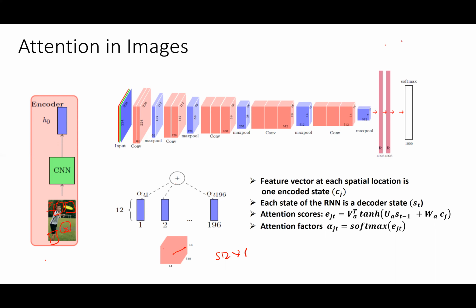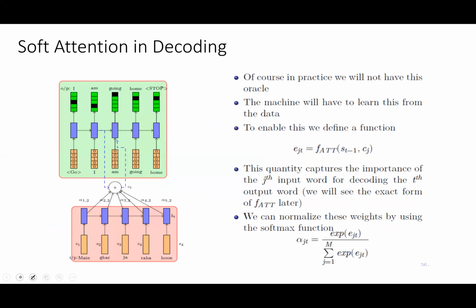Assume these are the different states that we give the encoding, and let us see the decoder as well. Each of these different states is like the feature vectors at different spatial locations previously.